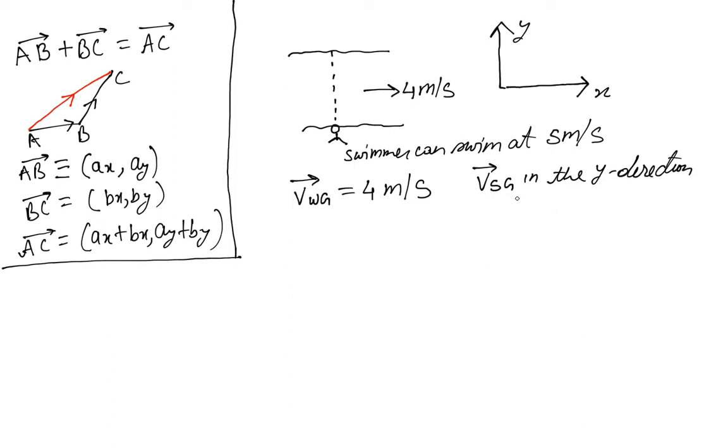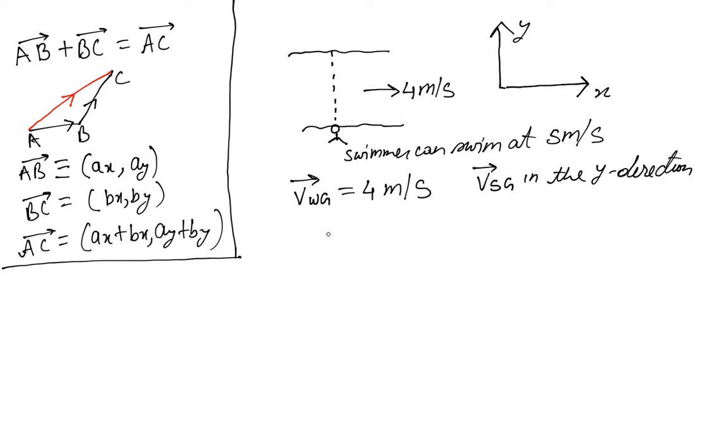Because if there is an x component of VSG, then he will not land directly opposite, but will land somewhere here or here. And this is important: the swimmer is swimming, the reference is with respect to ground, so he should land in the opposite direction with respect to the ground. So his velocity should also be like this with respect to the ground. Only then he will be able to land on the opposite bank.